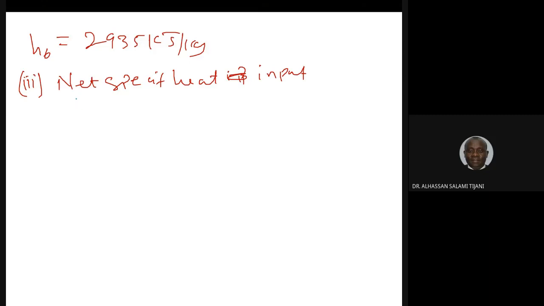So that gives me Q in equals Q23 plus Q45. And this is equal to H3 minus H2 plus H5 minus H4.